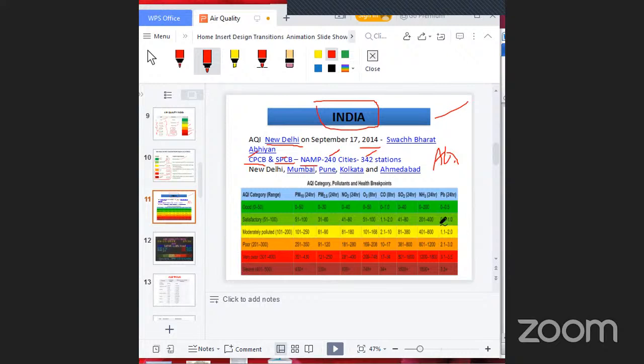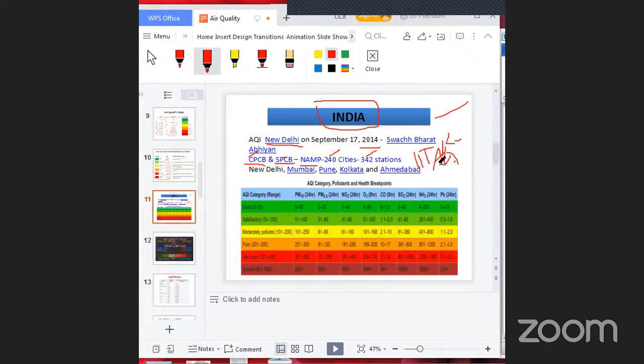An expert group comprising medical professionals, air quality experts, academia, advocacy groups, and state pollution control boards was constituted, and some of the technical study was awarded to IIT Kanpur.